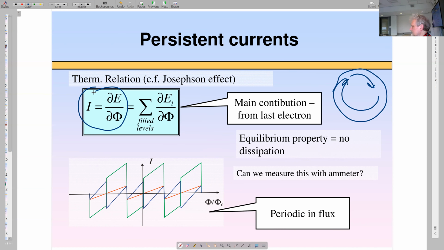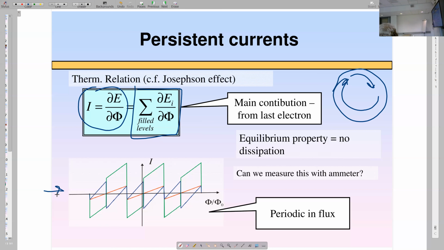Very good. So let us look at the dot under consideration. We can fill it with many electrons, and we can look at the dependence of levels on flux. Let me see what kind of curves we will have.